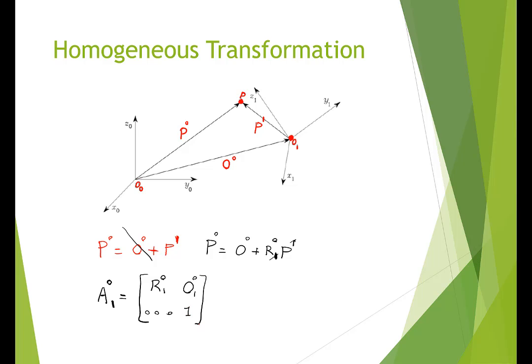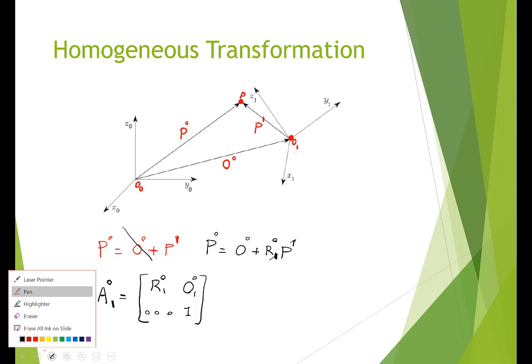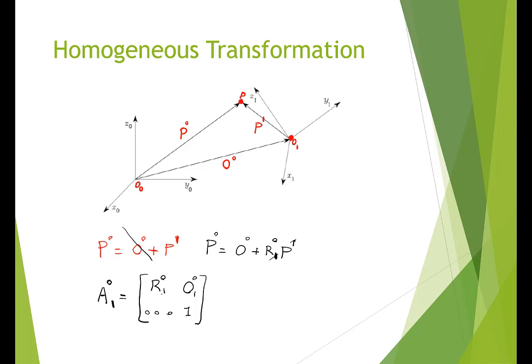This is a homogeneous transformation. R is a 3 by 3 matrix. Position of the tilted frame is 3 by 1, and then we have 1 0 zeros here. It is a 4 by 4 matrix.